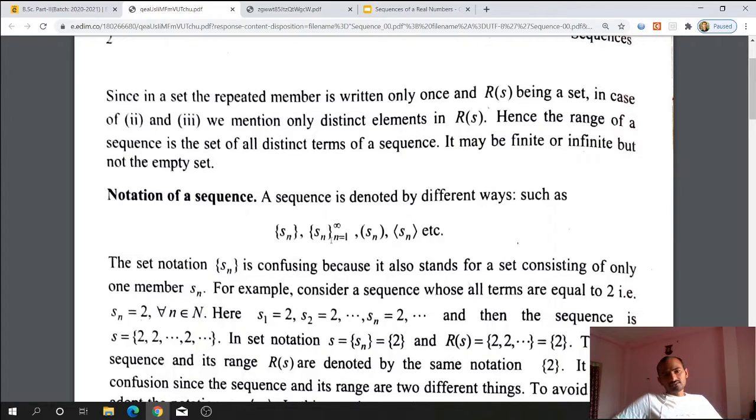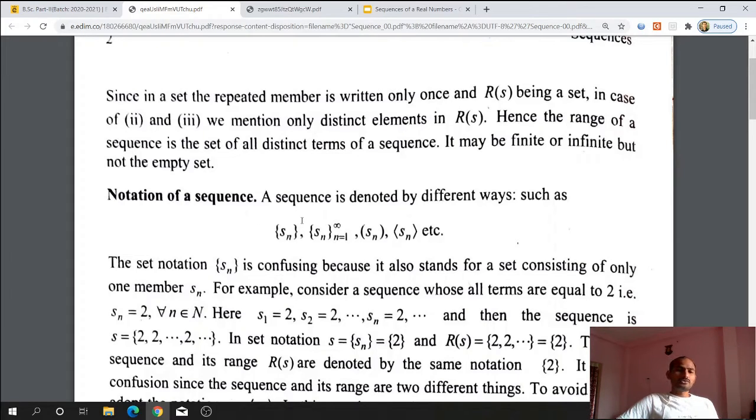And these are the three notations, and the fourth notation is in left angle and right angle brackets, ⟨Sn⟩. So these are the four notations for the sequence Sn. But the curly bracket is a confusing notation for a sequence, because when we write in curly brackets, we write a set.